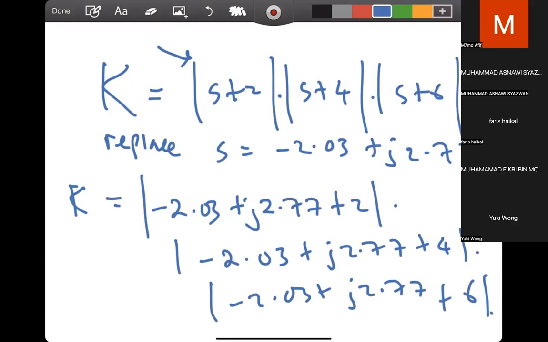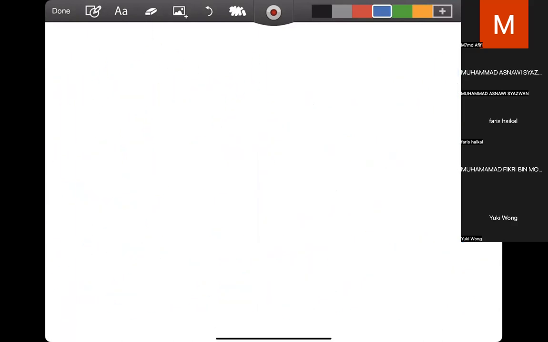Magnitude, guys. Tanya lah. Asnawi, example. Minus 2 plus J3. Asnawi? Ya doktor. How do you get this magnitude?